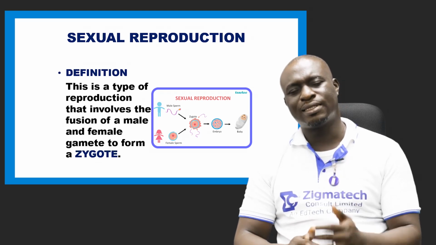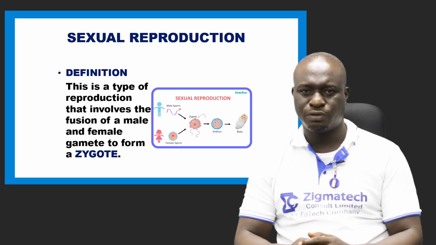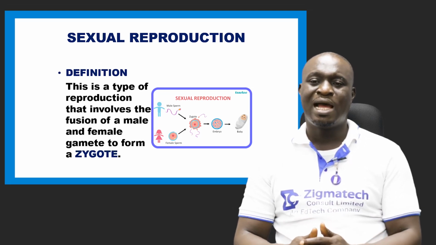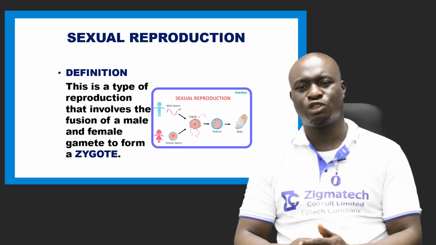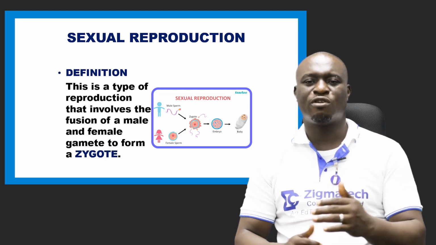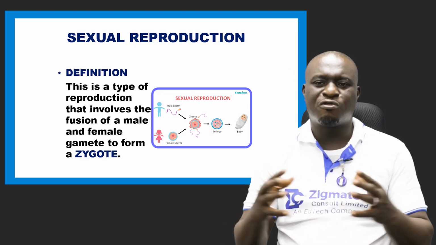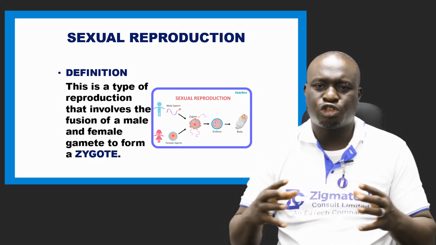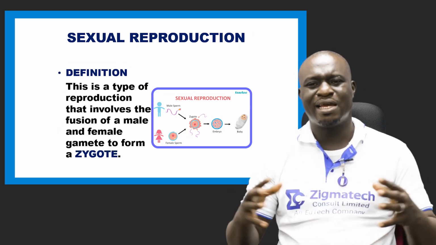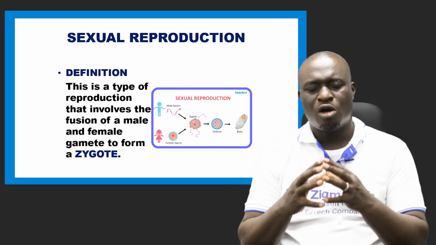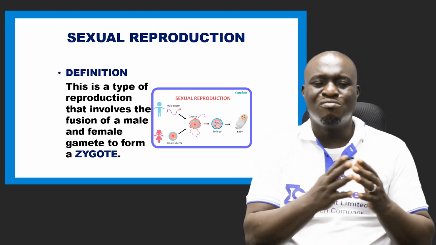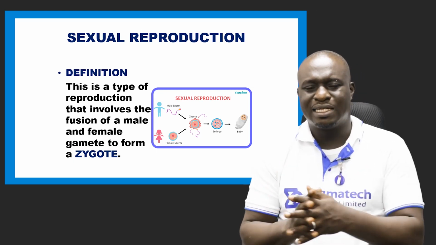Now, what exactly is sexual reproduction? Sexual reproduction can simply be defined as a type of reproduction that involves the fusion of gametes. Please note, it involves the fusion of male and female gametes.